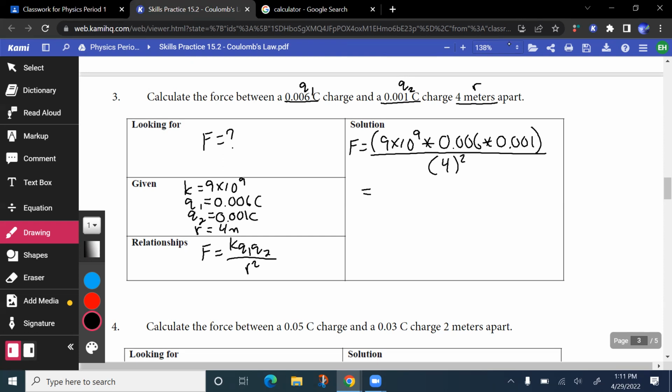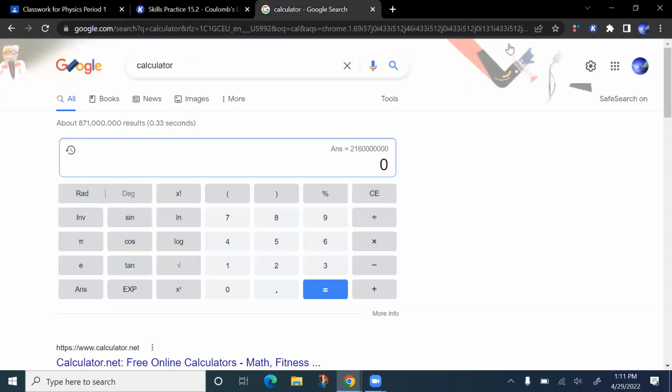Okay, let's go to our calculator. We are going to go open parentheses, 9 times 10 to the 9, times the first charge, 0.006, times the second charge, 0.001, close the parentheses, divide, open parentheses again, your distance between the charges was 4, close parentheses, and hit your squared button, and we get about 3,375 newtons.